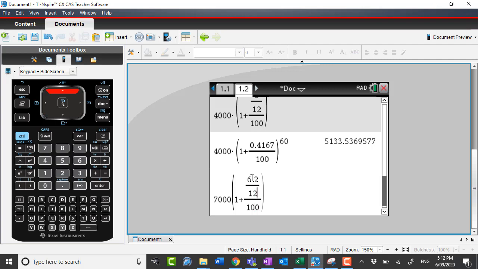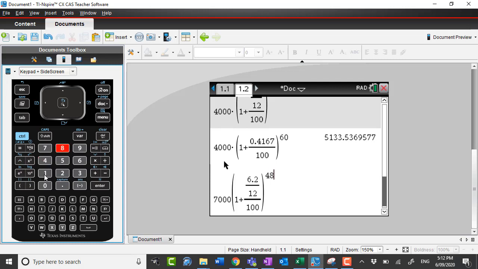If this was quarterly, then I'd have to divide that by 4. Then we're looking at 48 months, so we want to do to the power of 48.